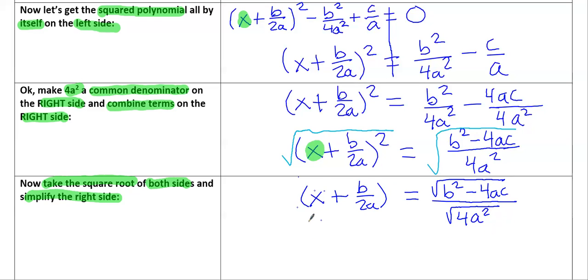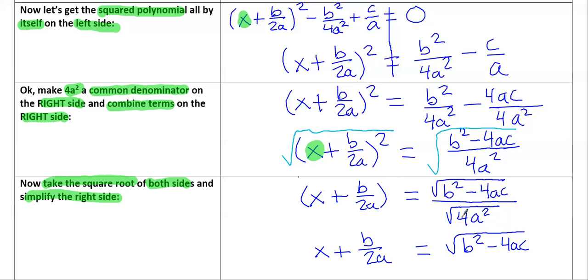Okay, I'm going to drop these parentheses now and try to simplify this right side a little more. X plus b over 2a is equal to, these are terms, we don't have a difference property of square roots. That doesn't exist. So we just have to leave that like this. We have no choice. We're stuck. But down here, we do have a product property of square roots.